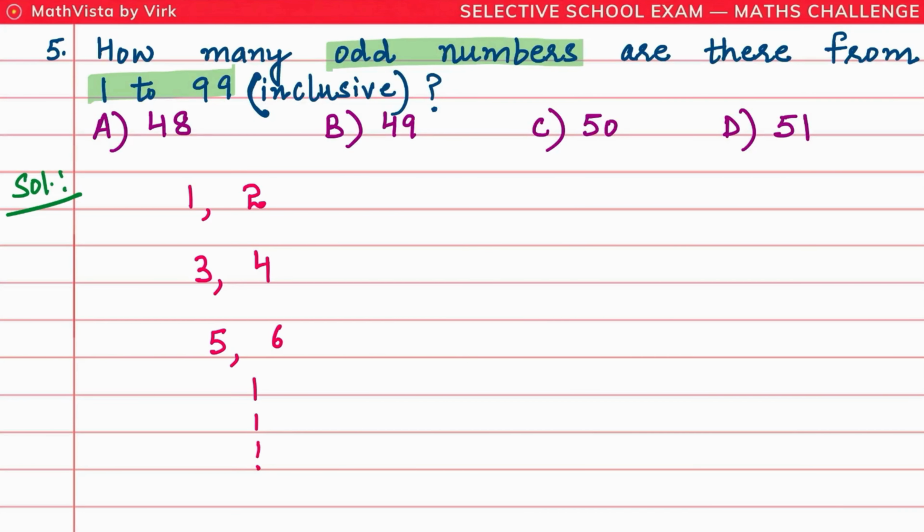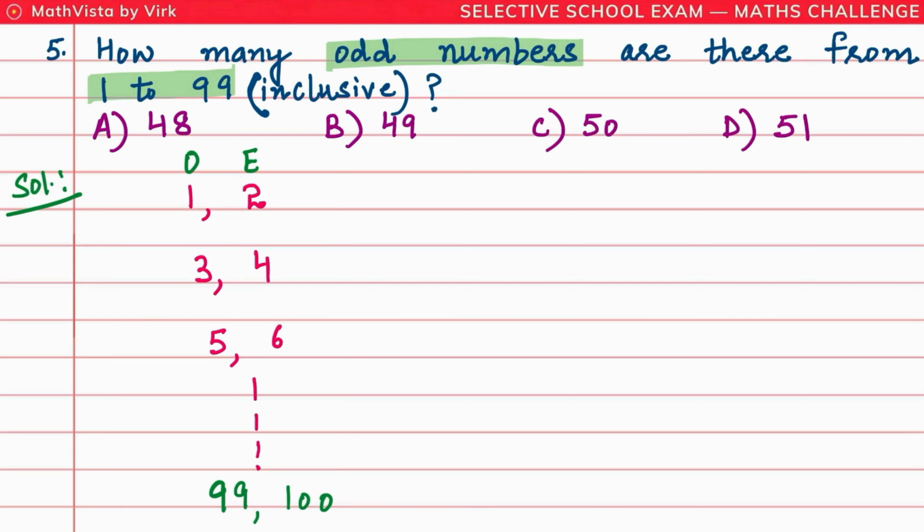You must be observing a very interesting thing. Odd and even numbers are coming in pairs. Here the last number would be 99 and here 100. So one odd number and one even number. Correct? Total 99 numbers are there.